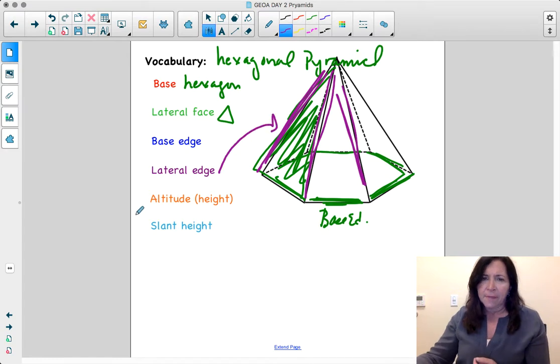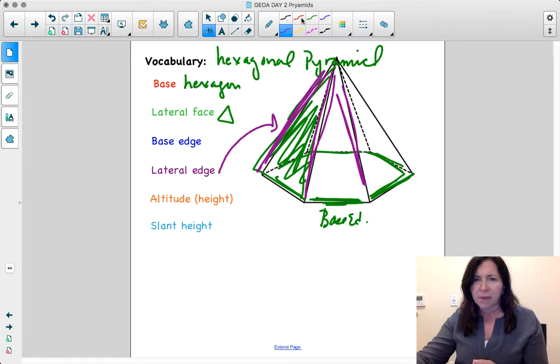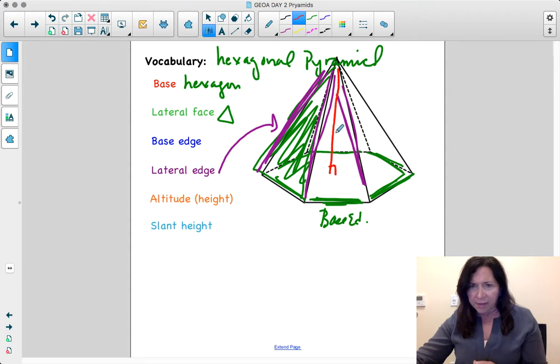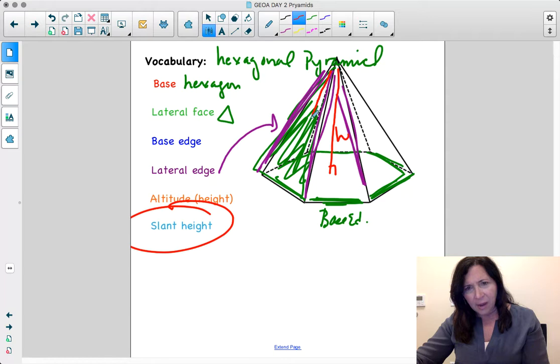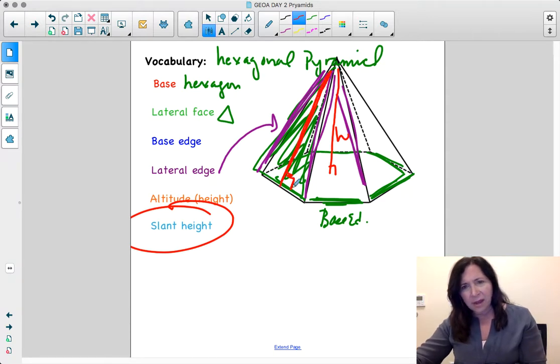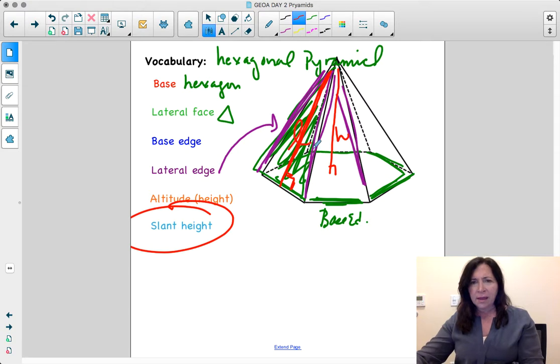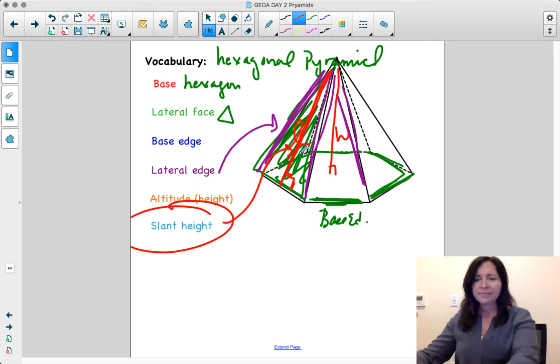My altitude, which is my height, is the distance from here to here. That's my height. The difference between my slant height and my actual height is that my slant height comes down at me like this. See how it's on the slant? That's the slant height, the L. That's what my slant height is right there.